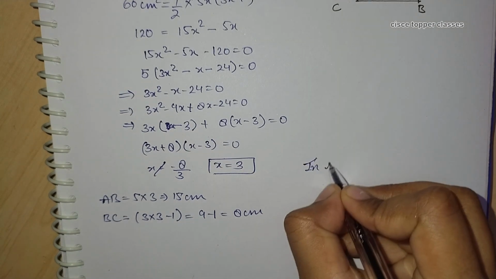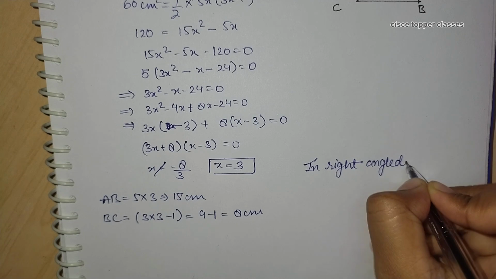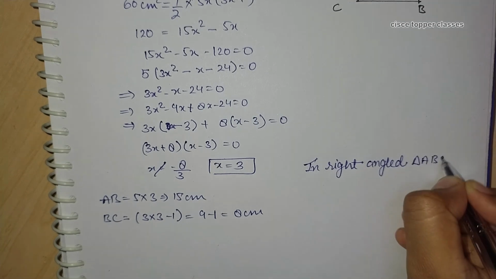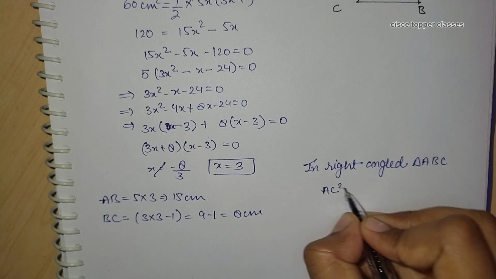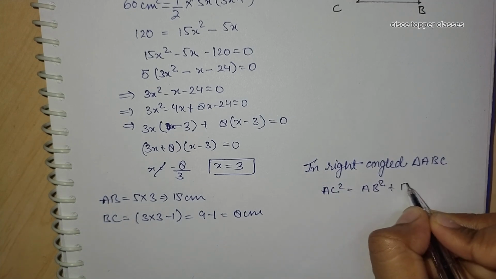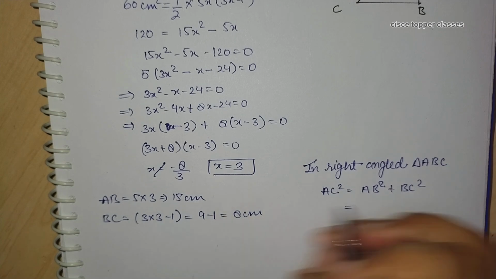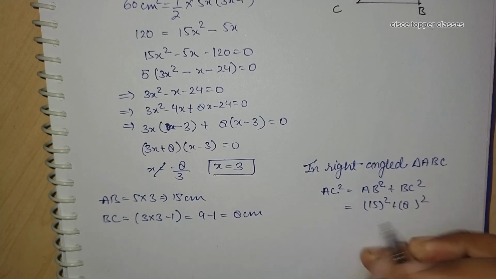And now in right angle triangle ABC we can find the value from there only, as AC square we have to find. Means AC square is equal to AB square plus BC square. We'll put the value of AB, this is 15 whole square plus BC as 8 whole square.